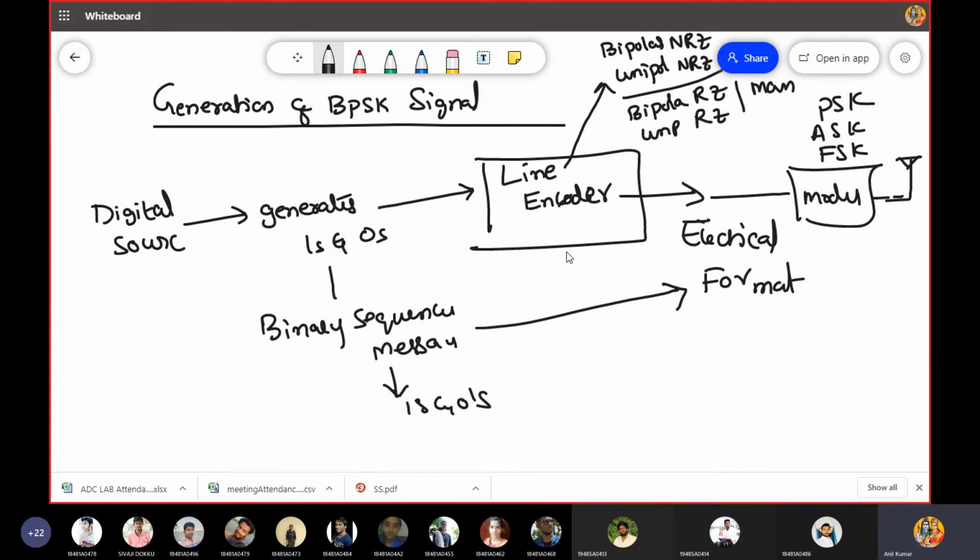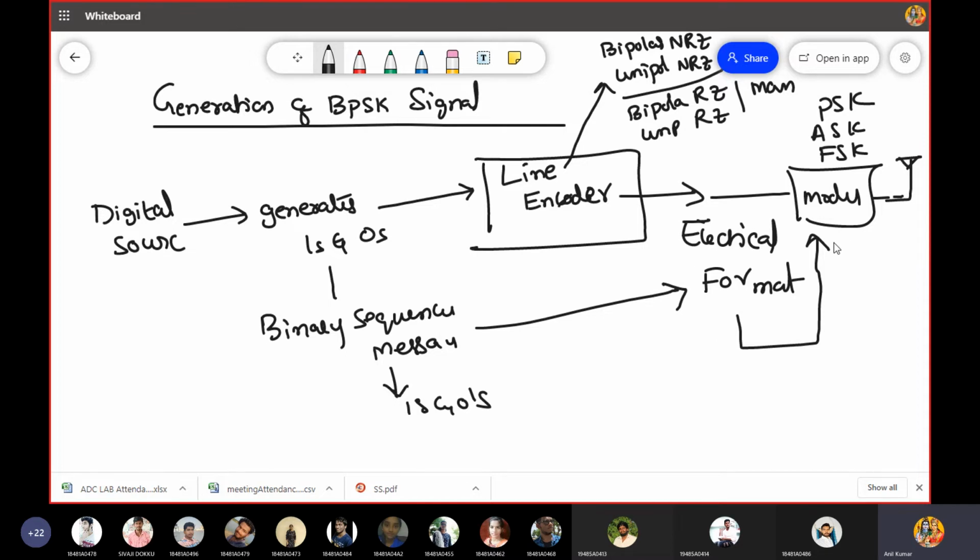Various line encoding techniques are these five. Is it okay? And now this electrical format of the signal is given to the modulator.